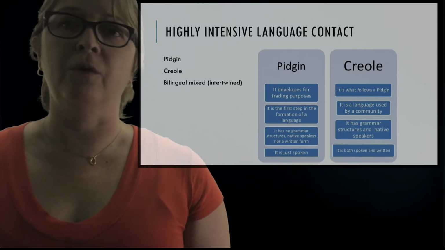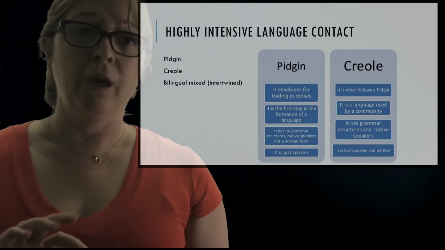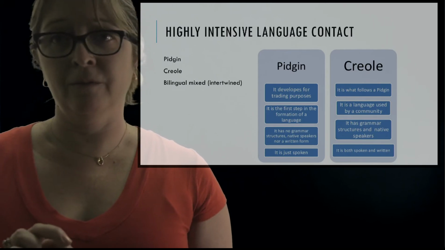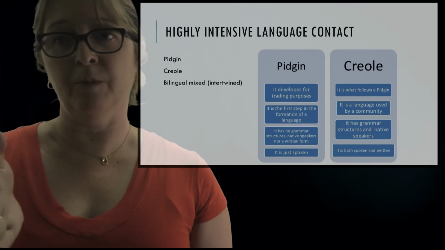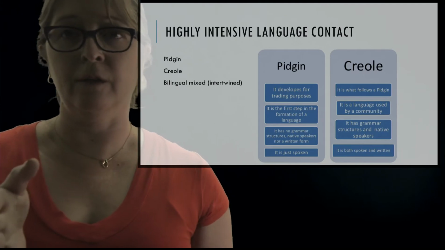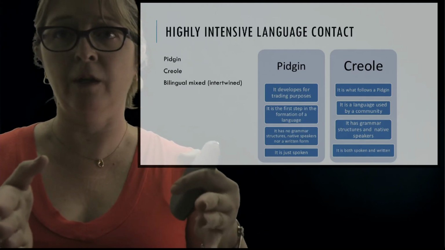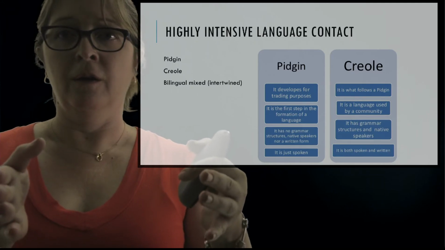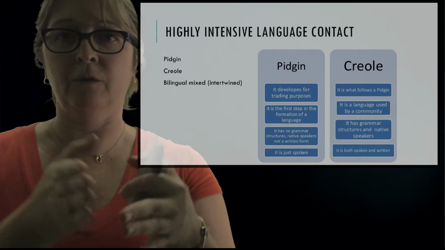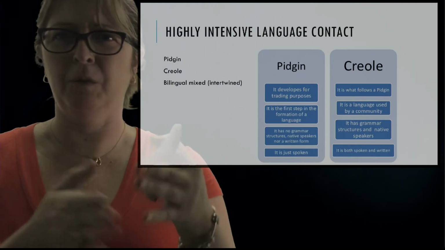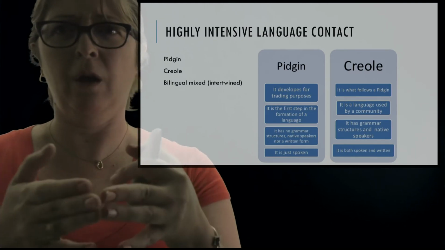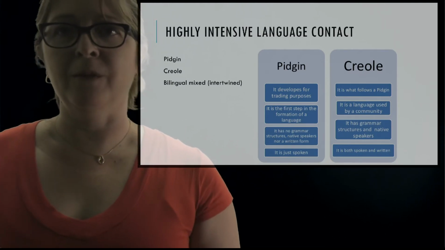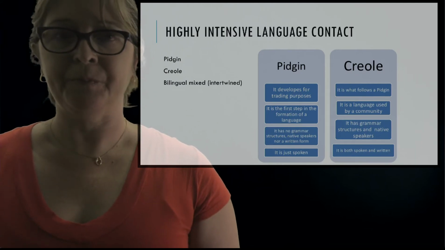There's also no written form, and there's no native speakers, because a native speaker of language X and a native speaker of language Y need to communicate. So there's no native speaker of language Z, I guess it would be language Z, XY. So it's only spoken.